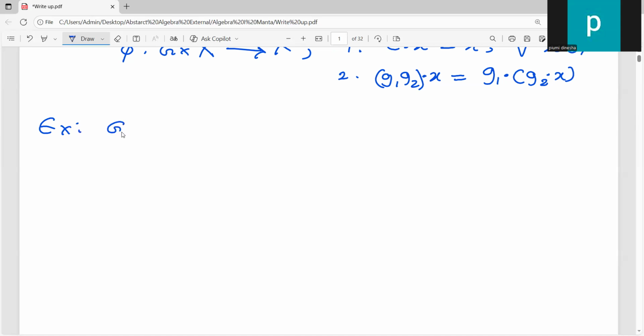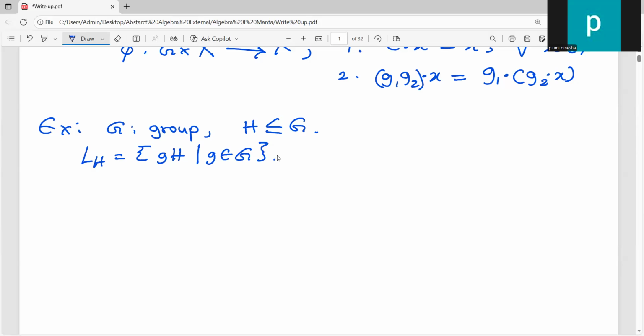Let's take G to be a group and H a subgroup of G. Then let's define L sub H to be the set of all left cosets of H in G. So this will contain all the elements of the form xH. Now remember, H is simply a subgroup of G. So this will contain all left cosets of H in G.